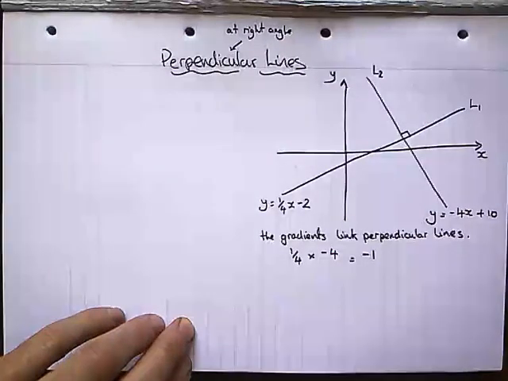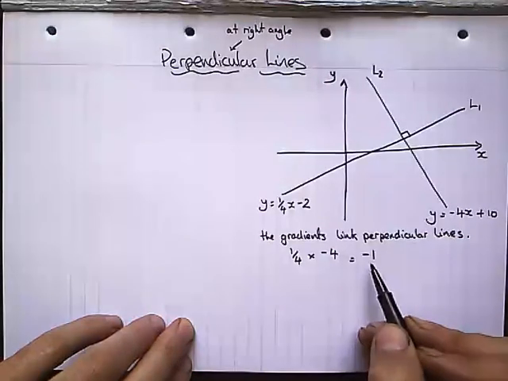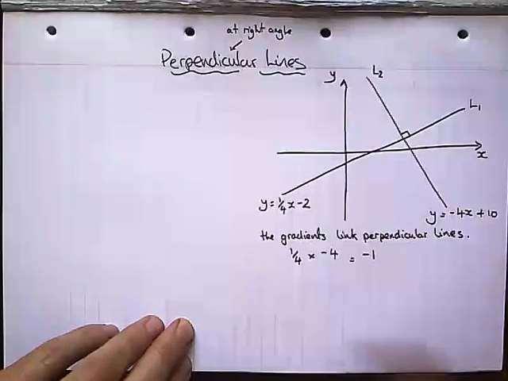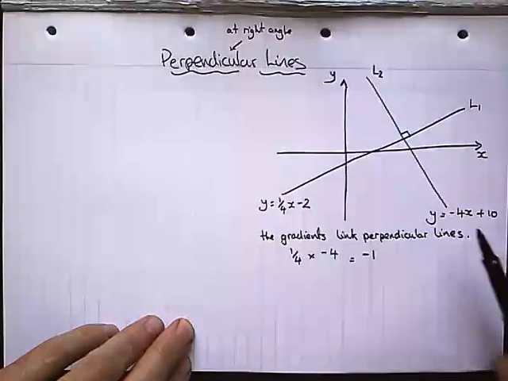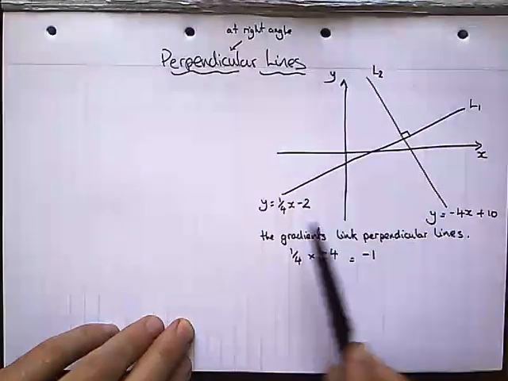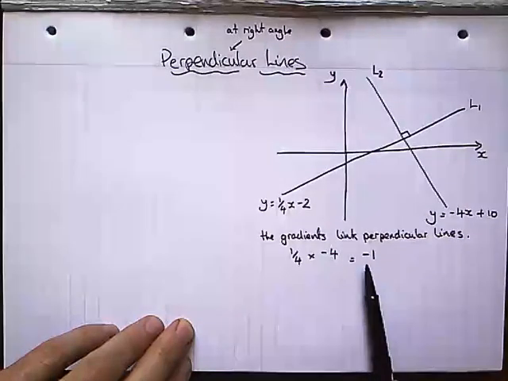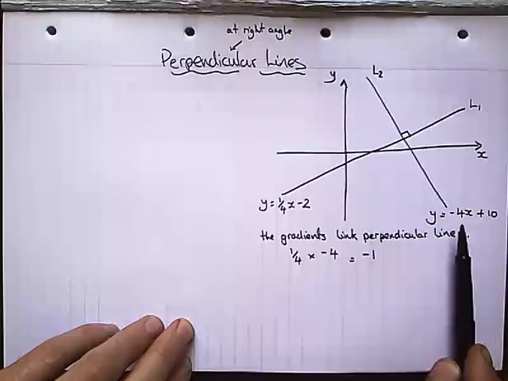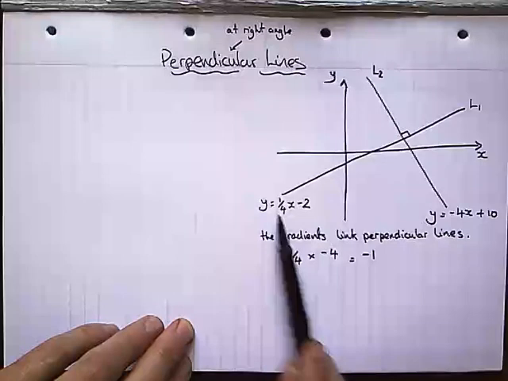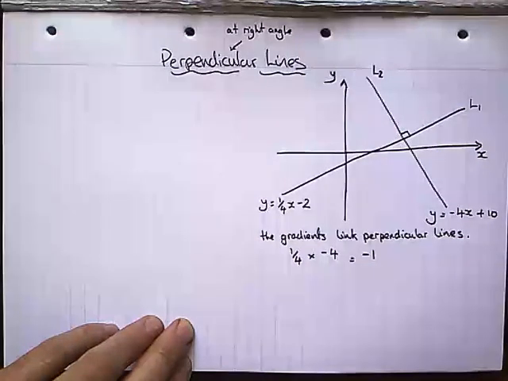Now, we've seen something like this before where they wouldn't necessarily multiply to -1, but they would multiply to 1. But anyway, I'll talk about that in a minute. So whenever you have two perpendicular lines, their gradients will multiply to make -1. So if you get one of the gradients, then you can work out the other gradient by dividing -1 by that gradient.